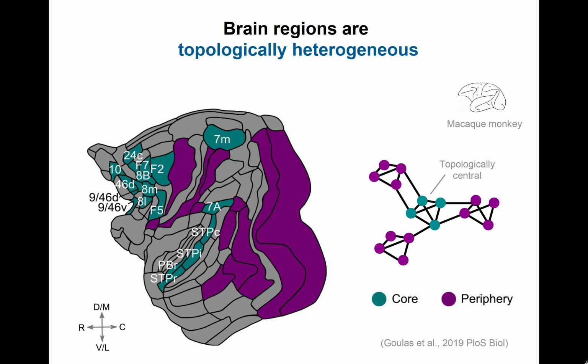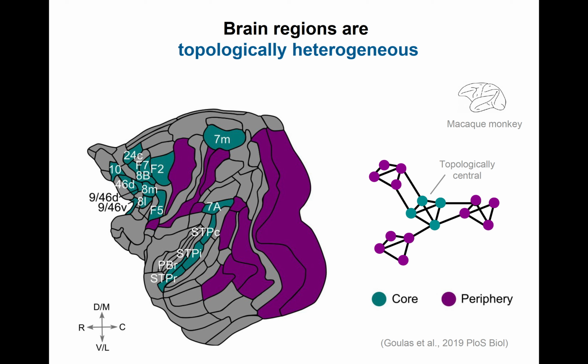At the level of connectivity, studies have shown that there is also a heterogeneity that pertains to the wiring of the brain. From a topological standpoint, certain areas are more central than other brain regions, and these central areas are tagged as hubs or core. We have a highly interconnected set of areas.